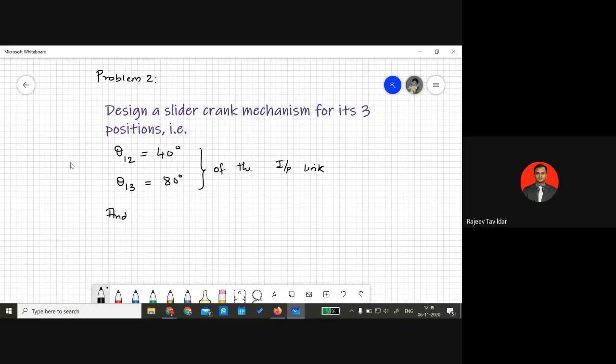So they have also given you S12 as 1.8 centimeters, S13 as 4.8 centimeters. This is of the output link. What is output link? Output link is nothing but the slider over here. Okay, so I need to design the slider crank mechanism for this data.